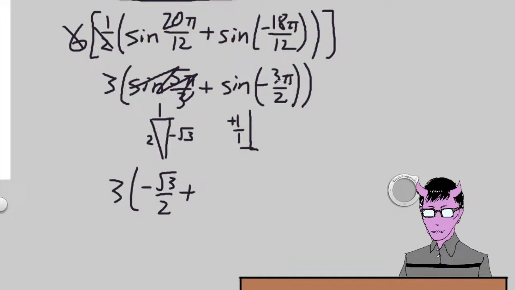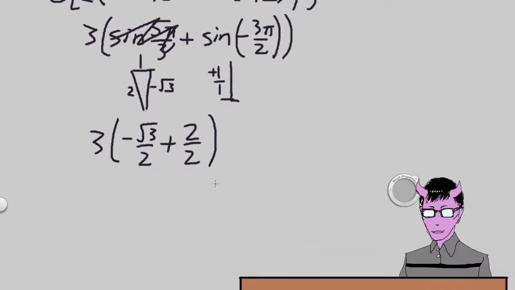Plus sine of that one, again it is 1 over 1, which will match it with this one. So 2 over 2. And of course, just summate those. I'm going to switch the order, so it's going to be 3 times 2 minus root 3 over 2.